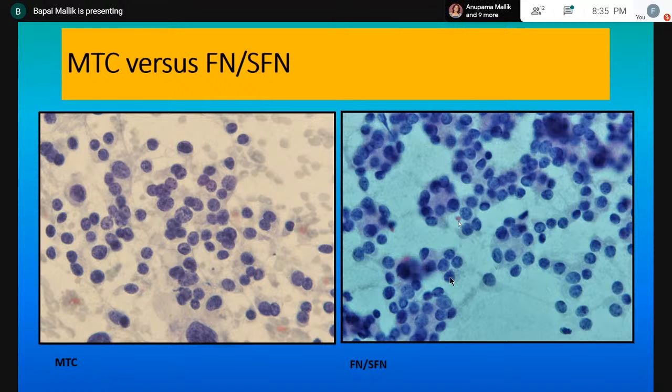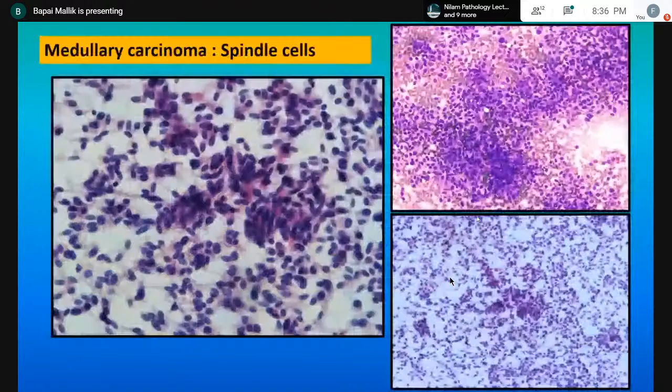Maybe it depends on the way things are stained in our department. We have a very good staining system. Our technicians are extremely good, but in spite of that, I find it very difficult to differentiate between this nuclear feature and this nuclear feature. This is an honest confession, but others may differ with me.